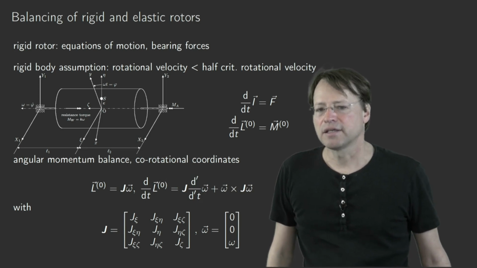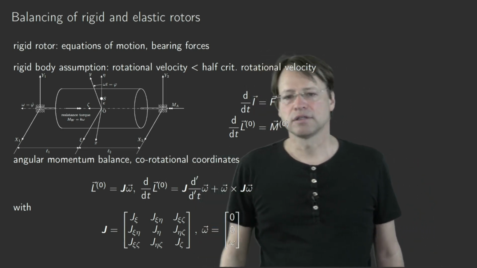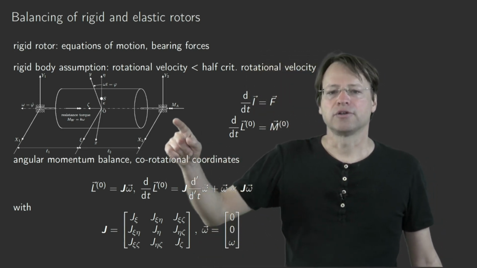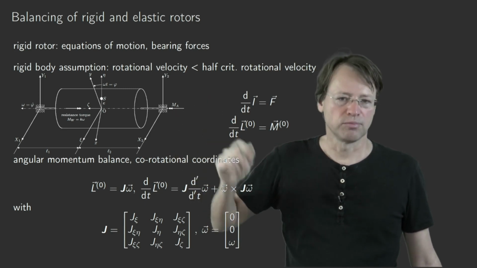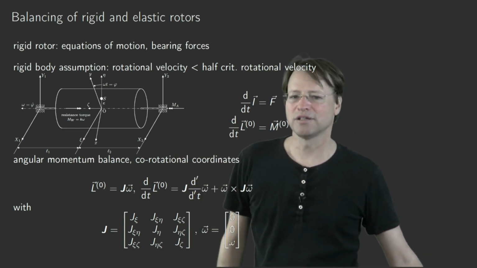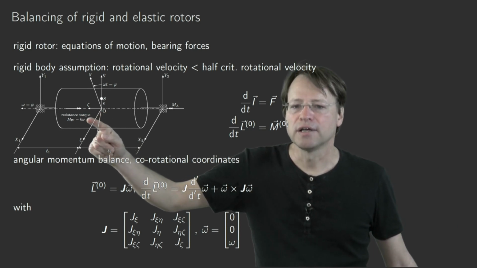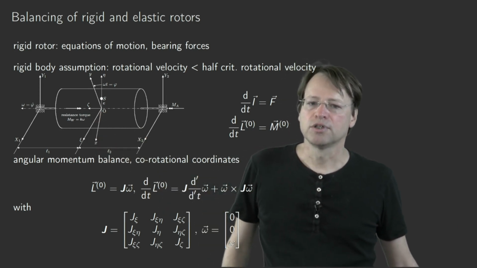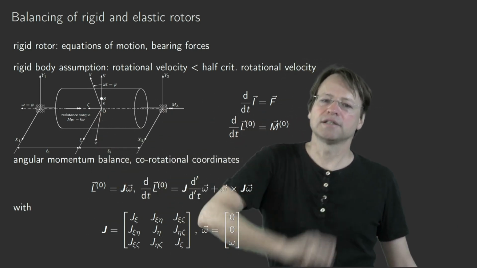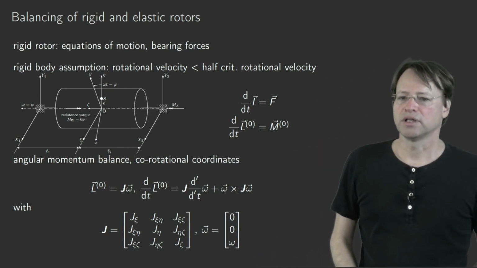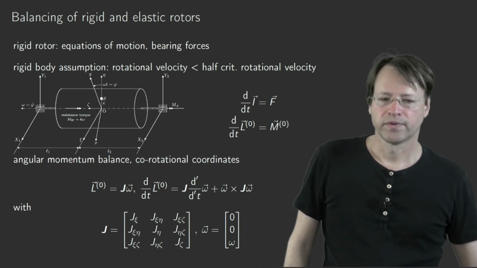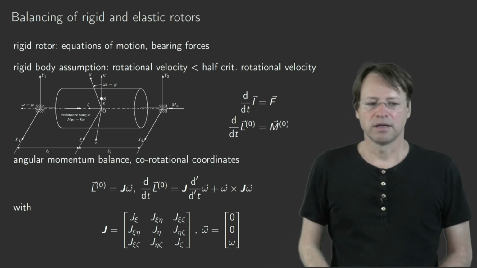You can see that in the diagram I added some other things here. A driving torque, MA, from the German word Antrieb, Antriebsmoment. And finally a resistance torque, K omega, which will come into play, of course, on the right-hand side of that equation.